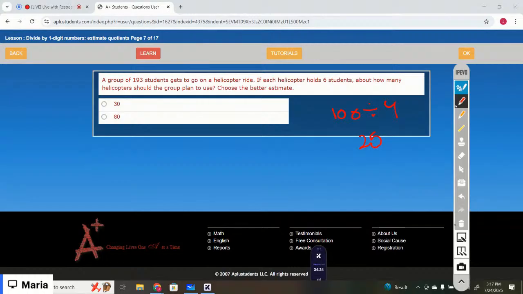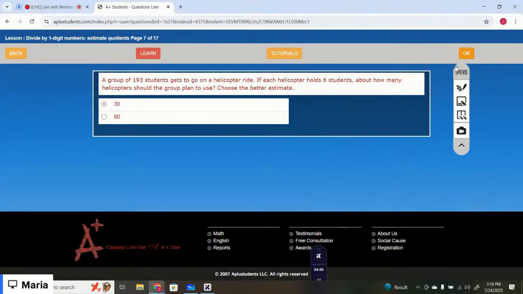So it would be rounded to 180. And yes, 180 divided by 6 is 30. Very good. Option number 1 is the correct option.